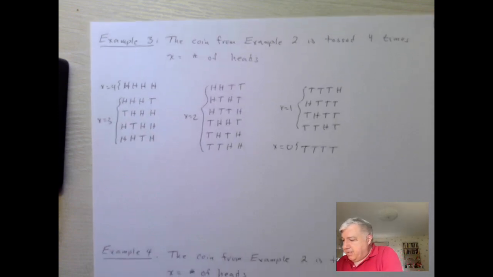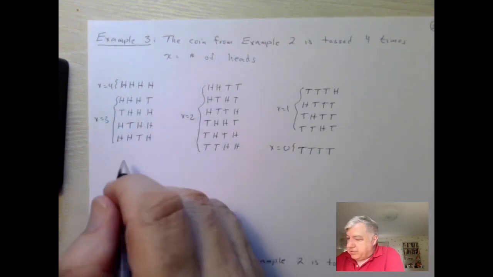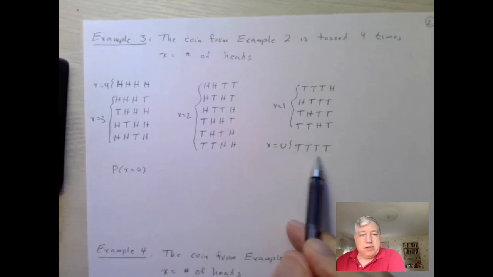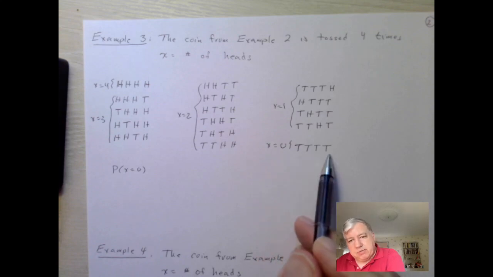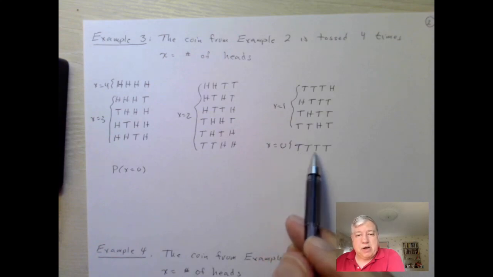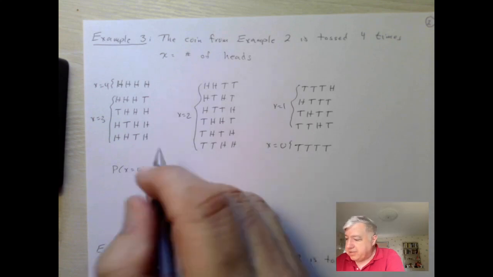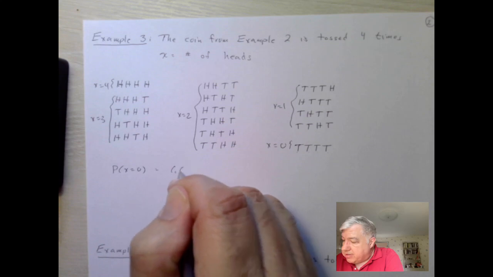So we can see that the probability that, let's say, x equals 0 is just the probability of this event. Once again, the probability of tails is 0.6, so the probability of this would be 0.6 times 0.6 times 0.6 times 0.6, or 0.6 to the 4th.